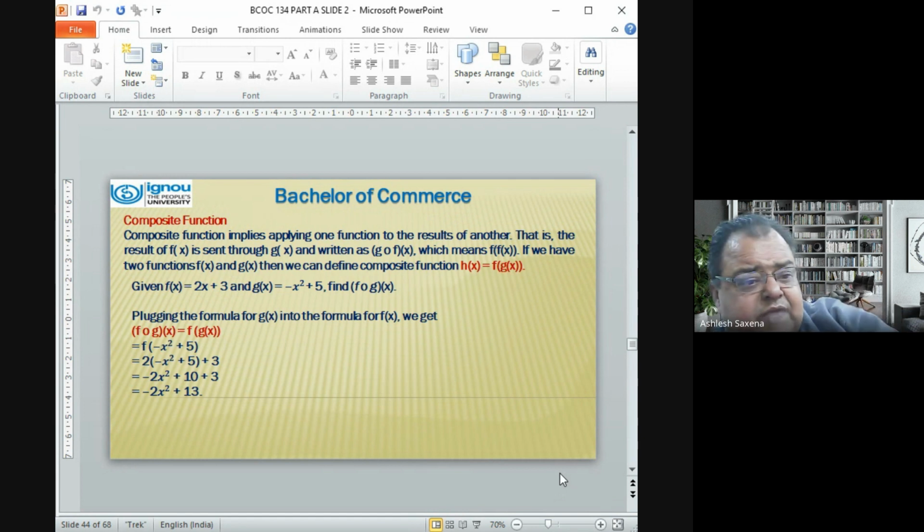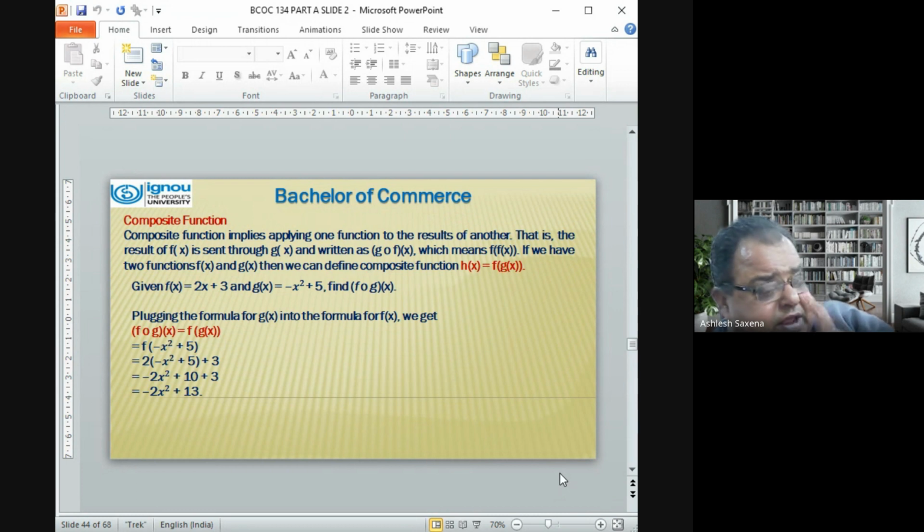Suppose your f(x) is 2x plus 3 and your g(x) is minus x squared plus 5. You are being asked to calculate f of g of x. That means function of a function of x. So what will that be? Your f of g of x will be equal to f of g(x). Where is the function? g(x) is minus x square plus 5.